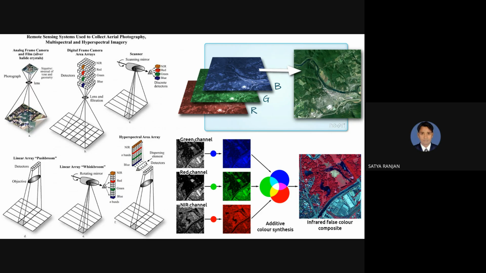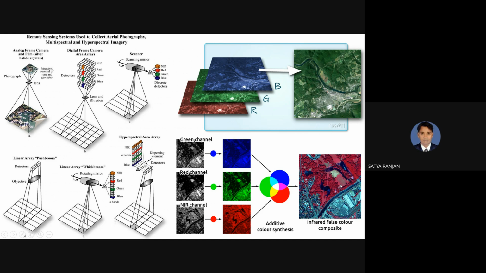Then satellite image also looks like this, but in the false color satellite image, you just change the green channel to blue, the red band changes to green, then near infrared to red. Then after merging this, the infrared false color composite.